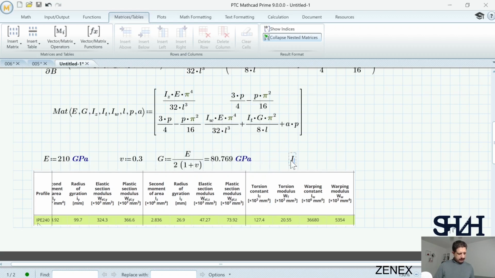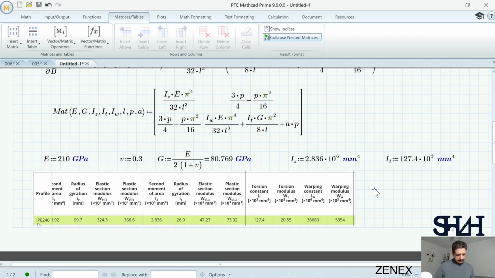And moment of inertia about z-axis is 2.836 times 10 to the power 6 millimeter to the power 4, and torsional constant 127.4 times 10 to the power 3 millimeter to the power 4.